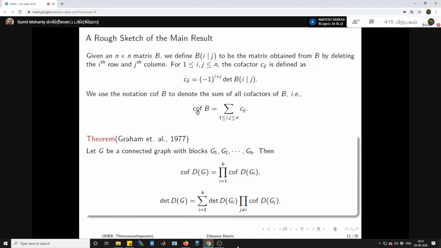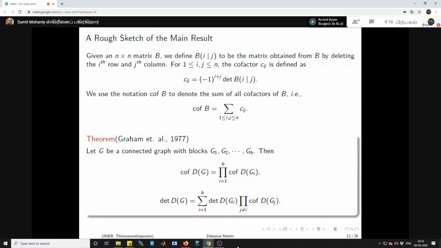If you define it like this, given a connected graph, the cofactor of the distance matrix is the product of the cofactors of the individual blocks. That means it is similar to the case of a tree: people are not worried about the structure.